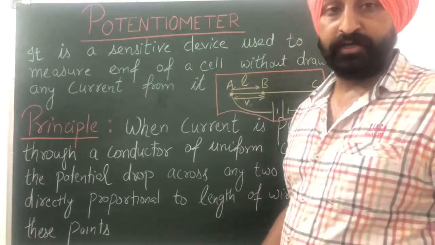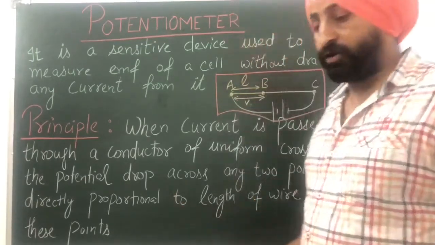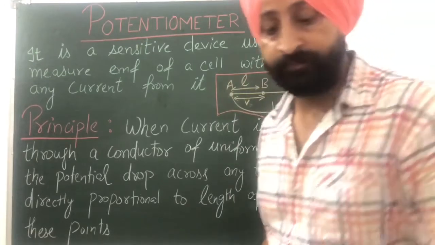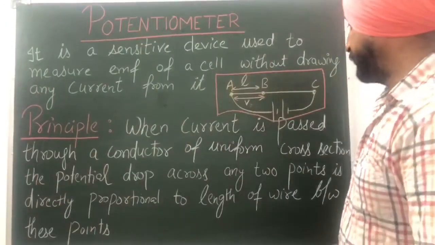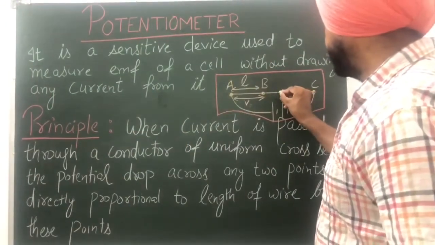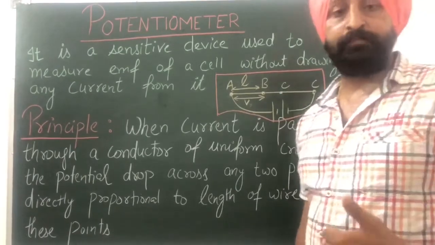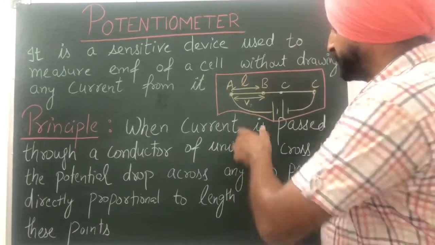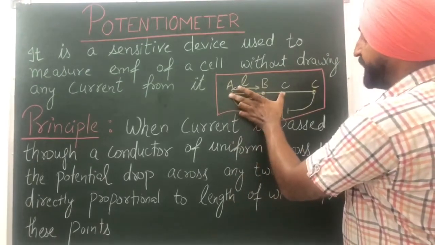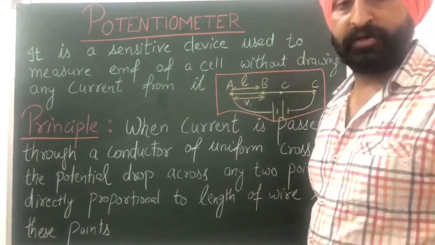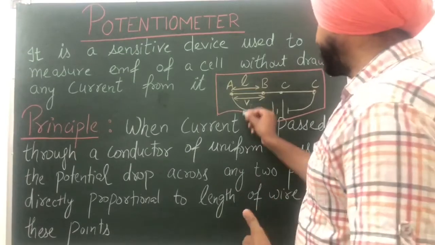Similarly, if you want to find out the potential across any other point, like you are taking a point C over here, and if you want to calculate the potential across this wire AC, that potential will be proportional to this length AC.